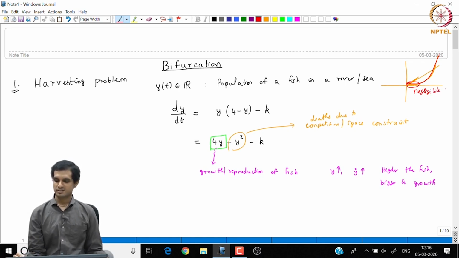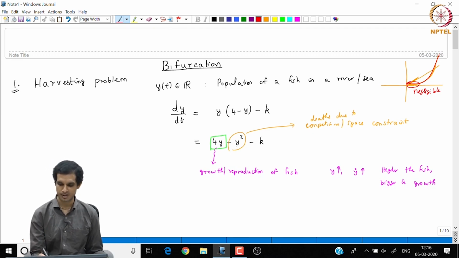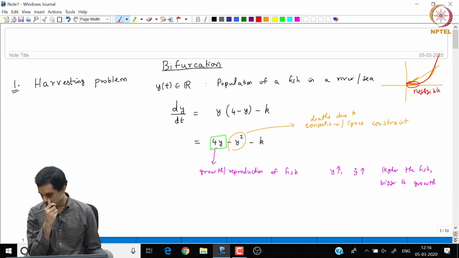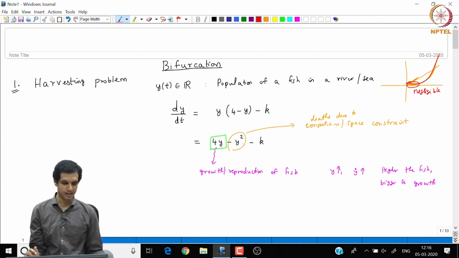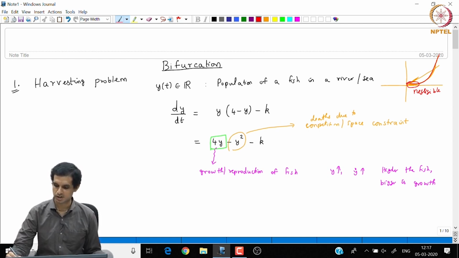So, at lower populations we expect the competition to be a negligible effect. When the population density is very low, there will typically be enough space and enough resources for everybody. That is why we have a minus y square here. It is only when the population gets really high that we have problems, and then competition is a more severe issue than growth rate. So, we want a function which is much smaller for lower values of y, but takes over very largely at higher values of y, and y square does that.